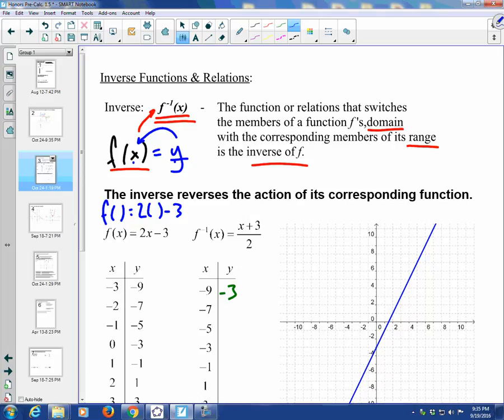F inverse takes its input and first adds 3, which undoes the subtraction of 3, which is the last thing that f did. The next thing f inverse does is divide by 2, which undoes the first thing that f did with the multiplication of 2. So really what we're seeing is the process of f inverse undoing the process of f.